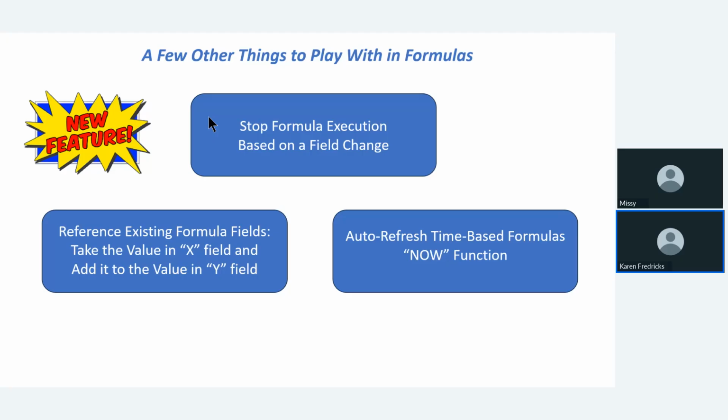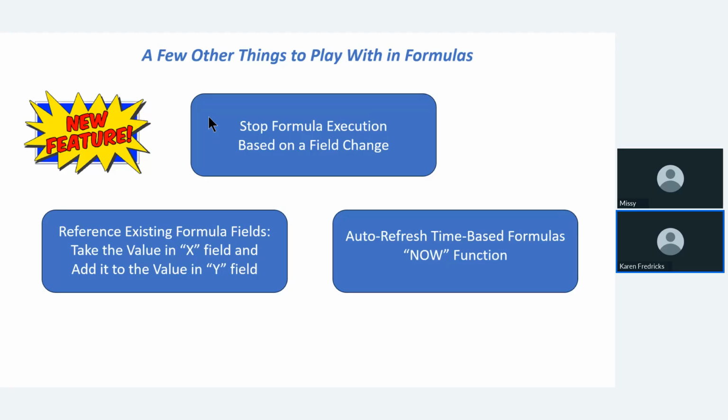So they have their birth date, and then they want to see what their current age is. So I'm thinking, okay, if they died, they don't want to know that they would have been 210 had they continued to live. Maybe we need to cut this off when they died. So if the field changed to deceased, stop running that formula. That's the only one I could come up with.